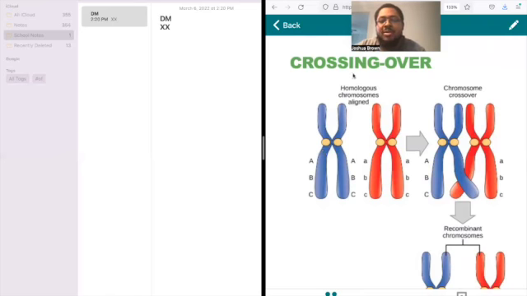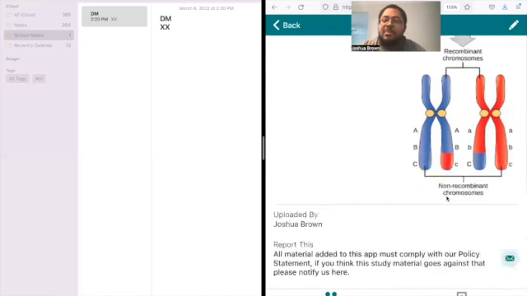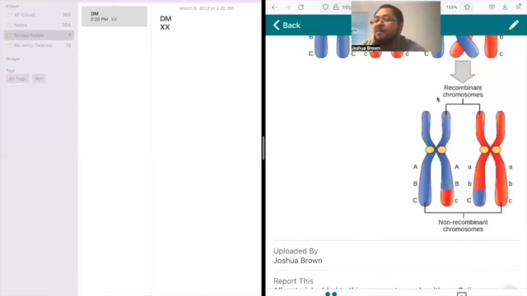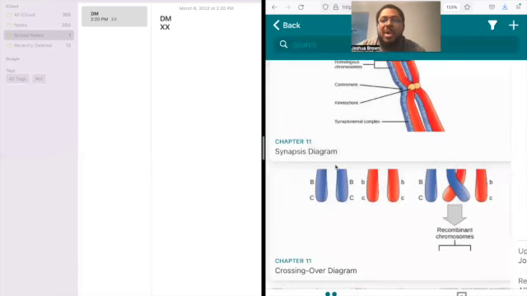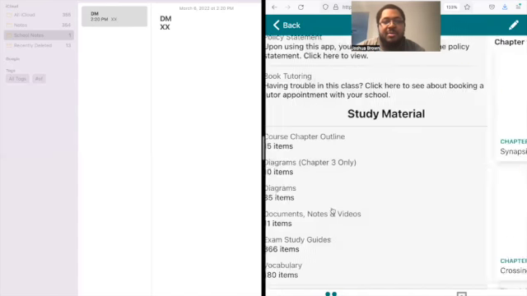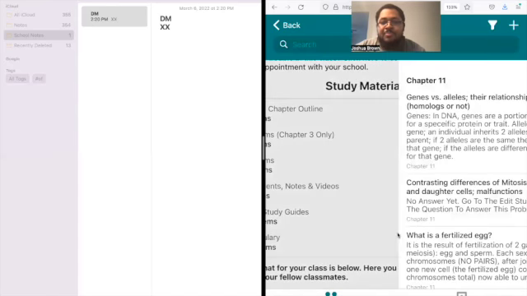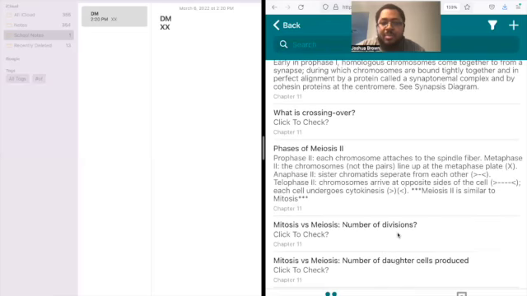This chromosome here, they're the same. Okay, this chromosome here are the same. But when you have the process of synapsis and crossing over, it results in a chromosome that is no longer the same. These are considered non-sister chromosomes. Okay, so I will go back and change that. Sorry for the error, but go back to meiosis two.